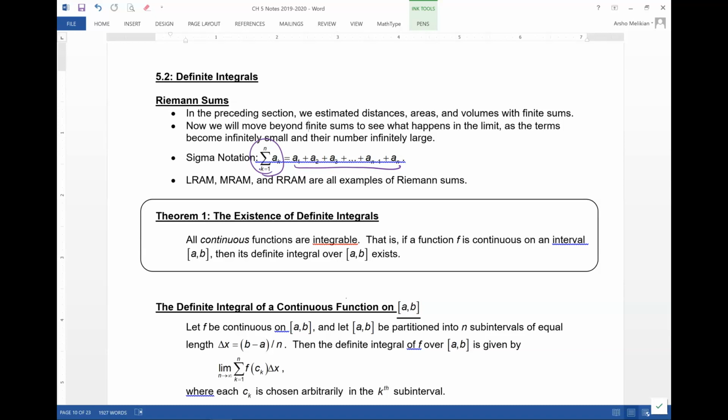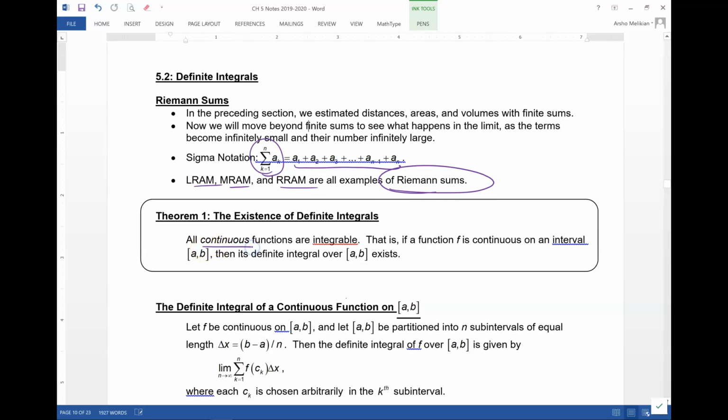This process is called taking Riemann sums, named after the mathematician Riemann. LRAM and MRAM are all examples of Riemann sums.